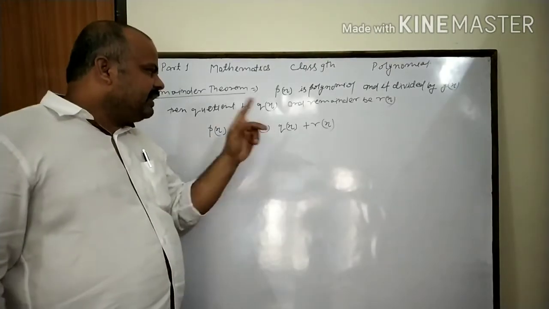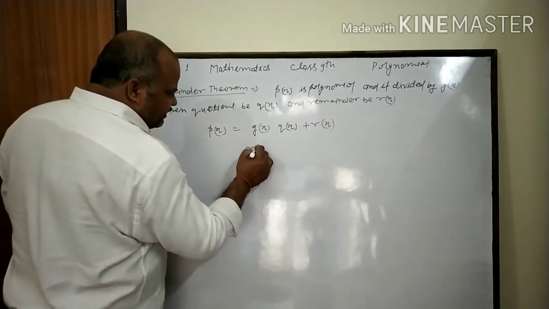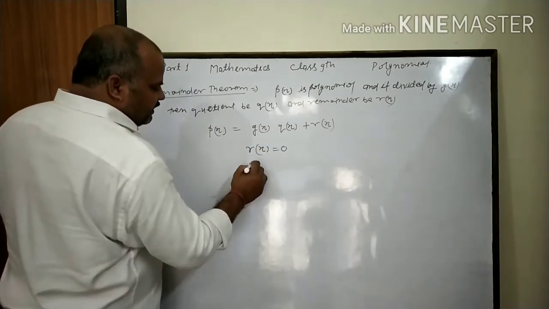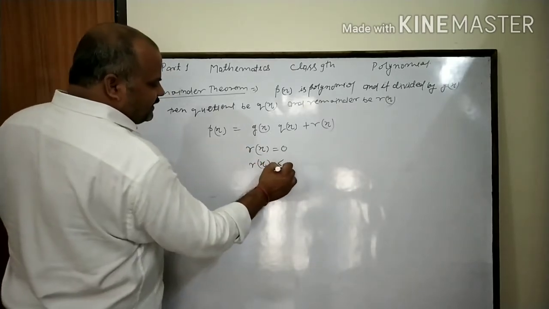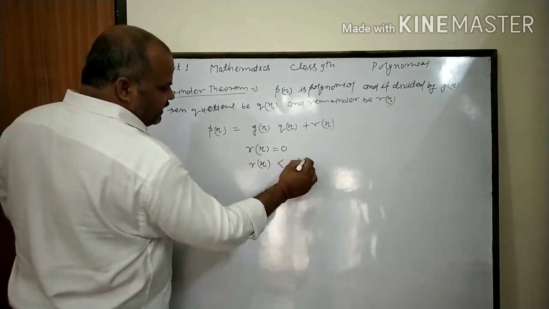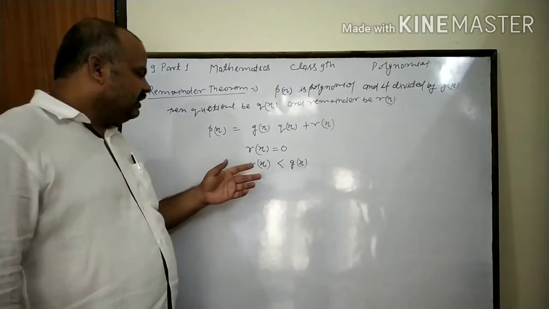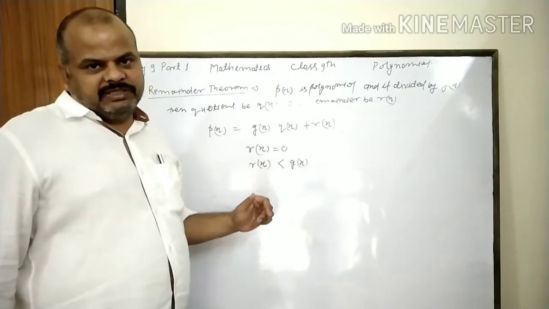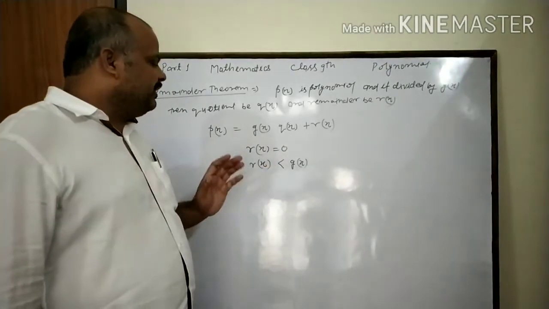And here r(x): what about r(x)? r(x) is equal to 0, and sometimes if it is not 0 then the degree of r(x) is less than the degree of g(x). It means the degree of r(x) is always less than the degree of g(x). Clear? This process is called the remainder theorem.